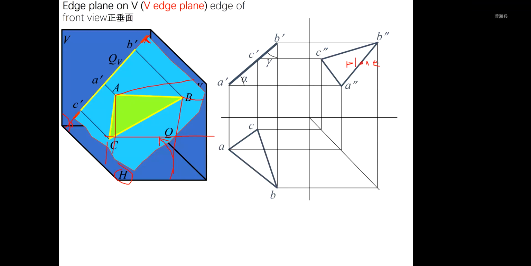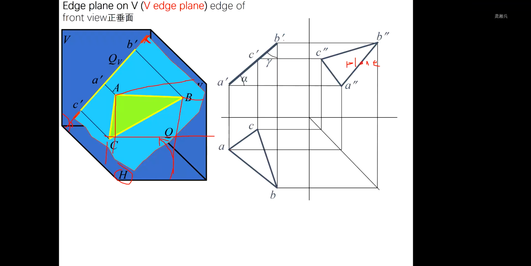How can we complete the plane projection? Use the point projection law. That's the same as how you get the point and the line projection in the 2D projection system. Just align them together, and you finish the plane.